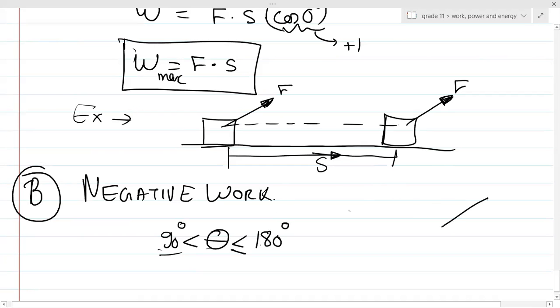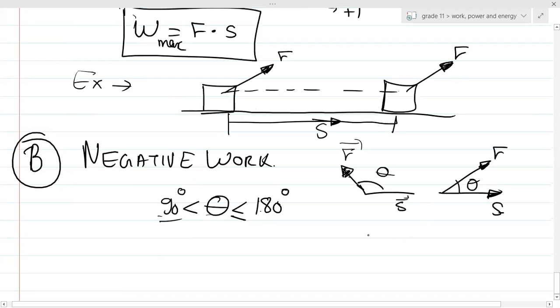For example, suppose if this is the case, then you will have this as the angle. If this is the case, then you will have this as the angle. And if this becomes the case, then you will not take this as your angle. You will take this as your angle. Are you getting my point?